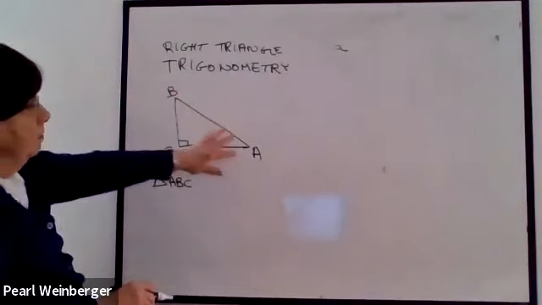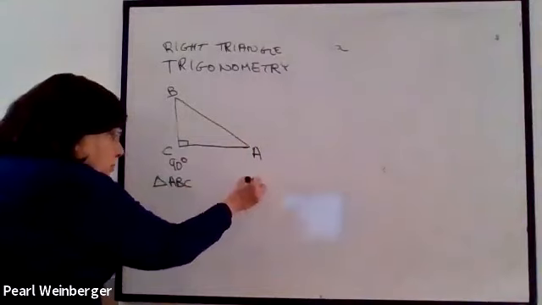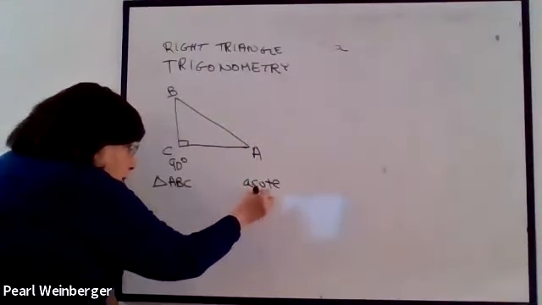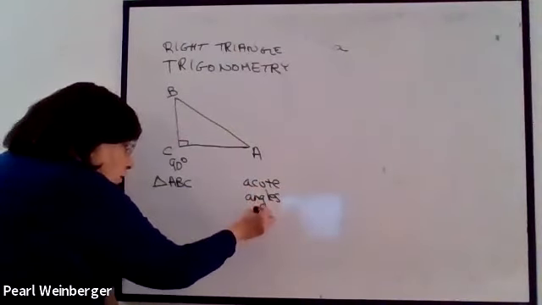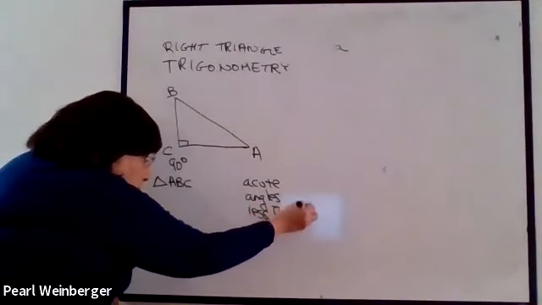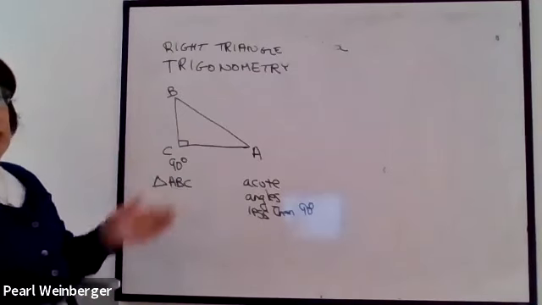Angles A and B are what are called acute angles. Acute angles means they're less than 90. So actually, the biggest angle in a right triangle is the right angle.